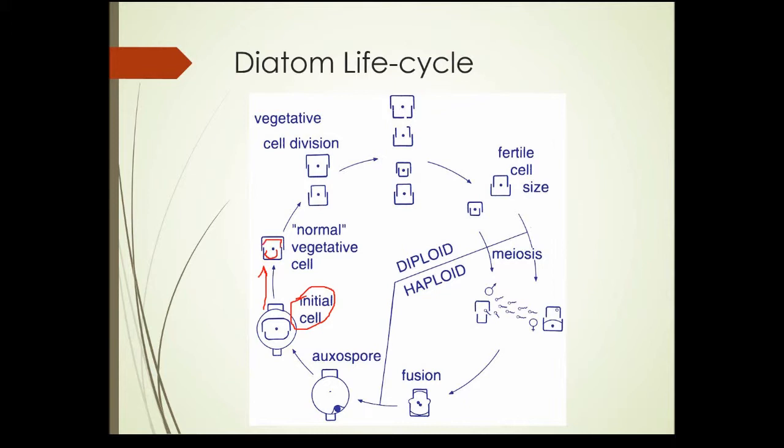Now, it undergoes vegetative cell division, so this bottom half separates from this upper half. Each half then makes a new piece that fits inside. The one that gets the upper half remains the same size as the original cell. However, the one that gets the bottom half has to create a new smaller frustule to fit inside.